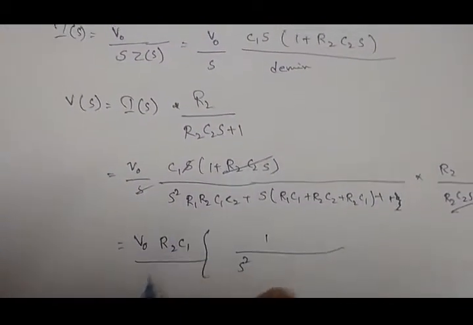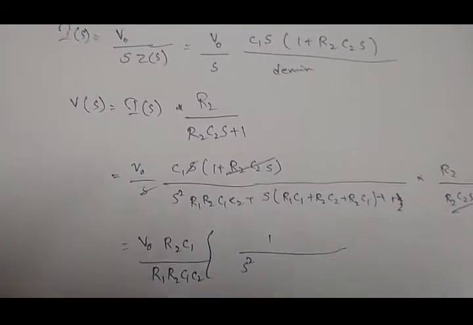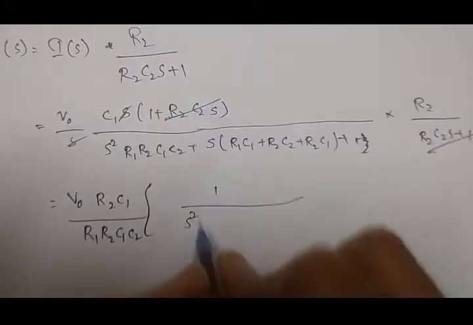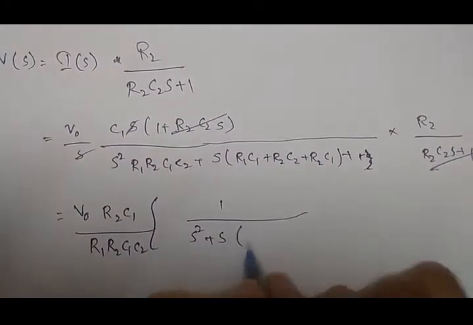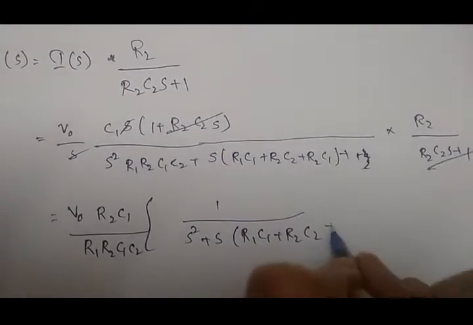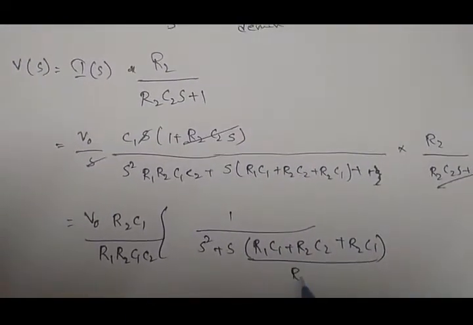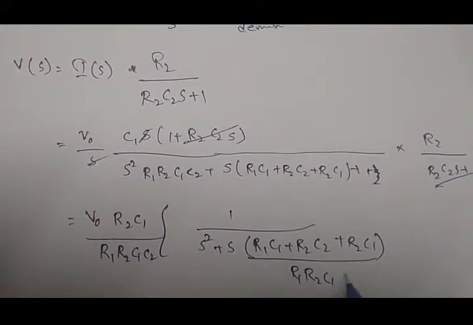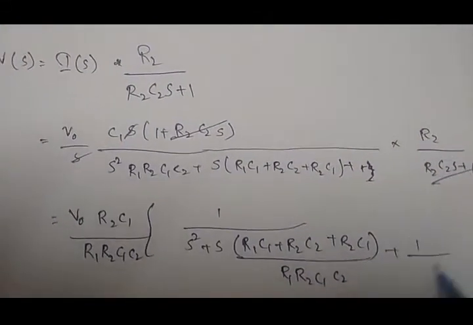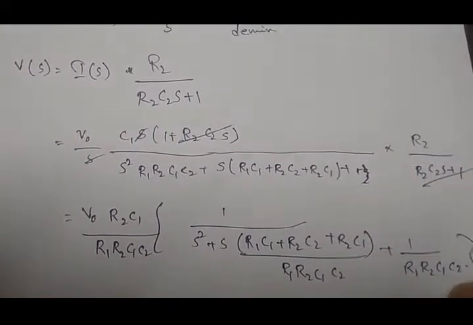Taking this term also, the magnitude C1 C2, it will be S squared plus S into R1 C1 plus R2 C2 plus R2 C1 divided by R1 R2 C1 C2, plus 1 divided by R1 R2 C1 C2.